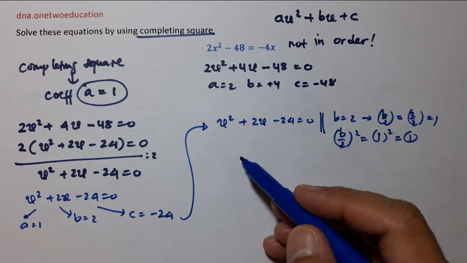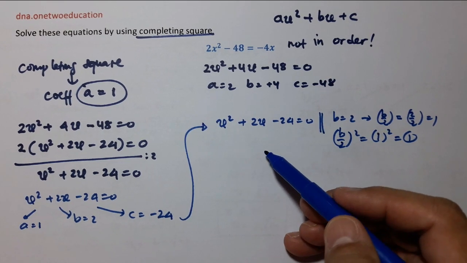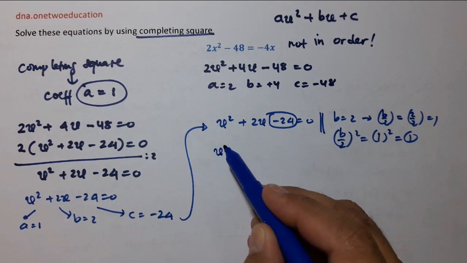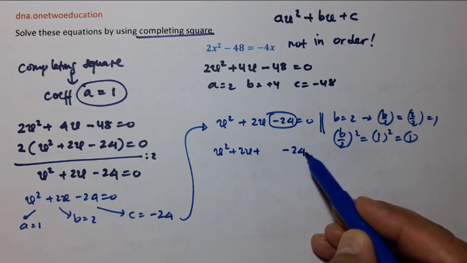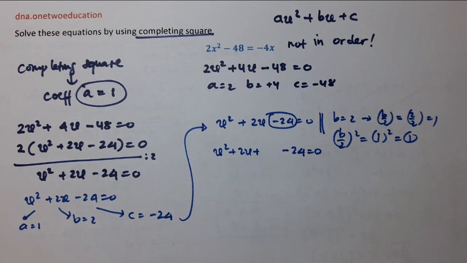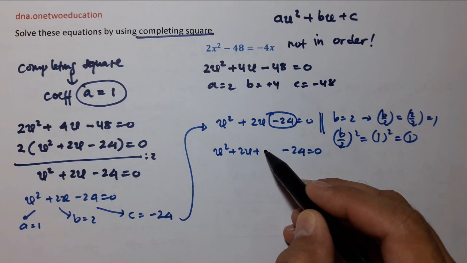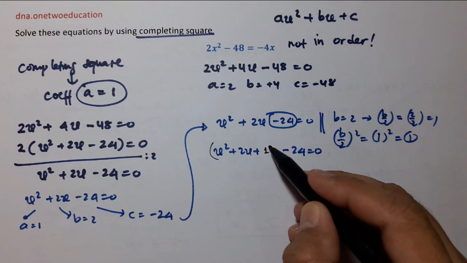Now we can modify the expression here. First, you have to separate the constant, right? So x squared plus 2x plus something, and then minus 24 equals 0. By adding 1, this one we got 1, just put 1 here and close the bracket.